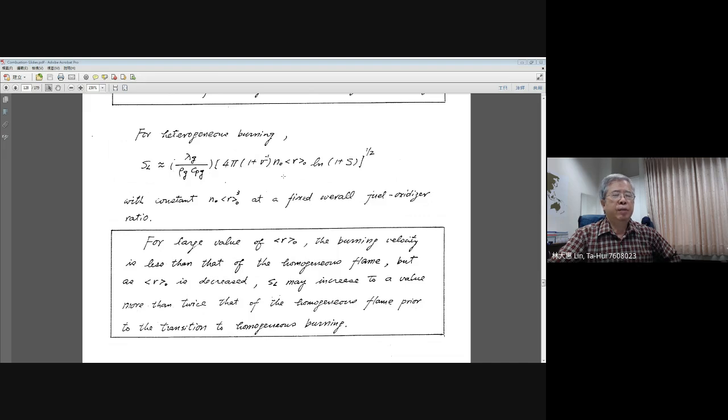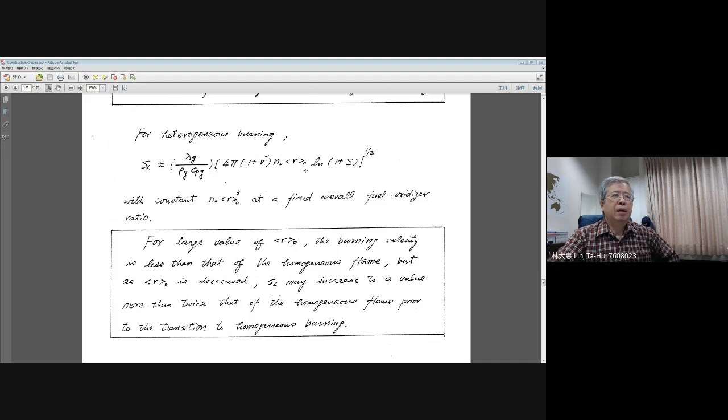This N naught represents the number of droplets you may have from the beginning. The subscript naught represents the initial condition. This is the initial droplet number, and R naught represents the average radius of the droplets from the beginning.